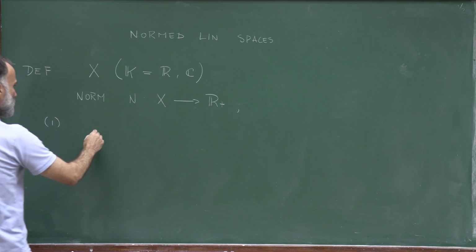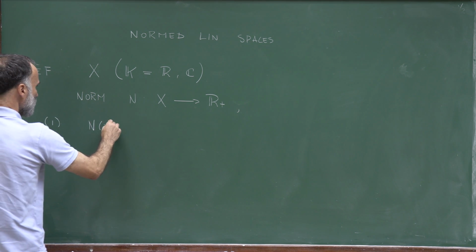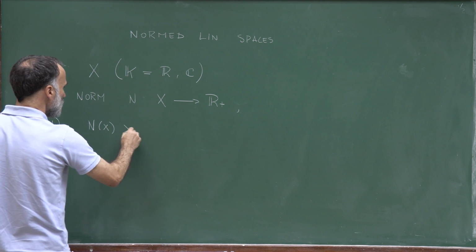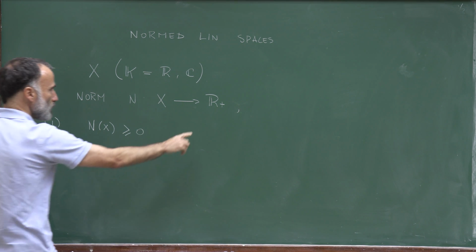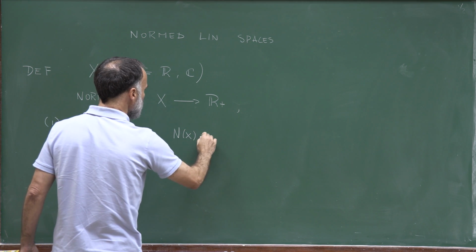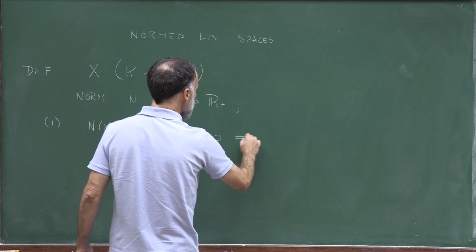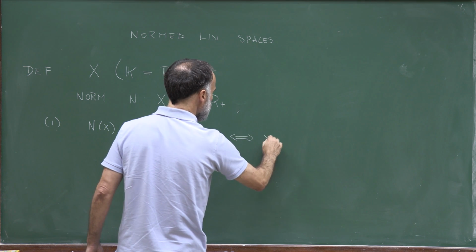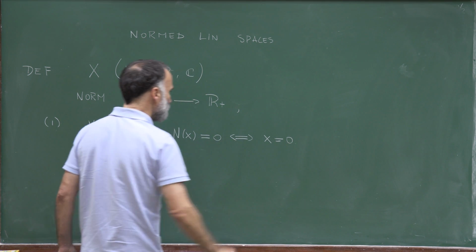The first one is that n of x is always non-negative, as I said, and n of x is equal to 0 if and only if x is equal to 0.